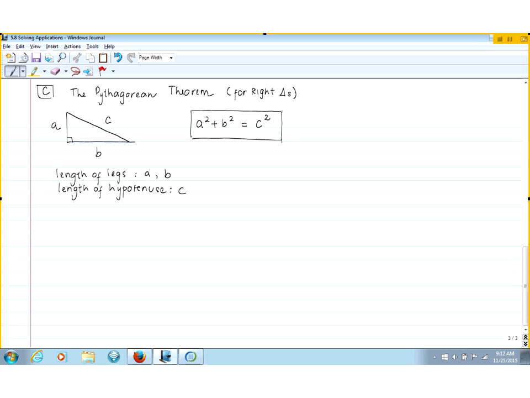Construction or ladder. So for example, Anne has a 26 feet ladder leaning against her house.